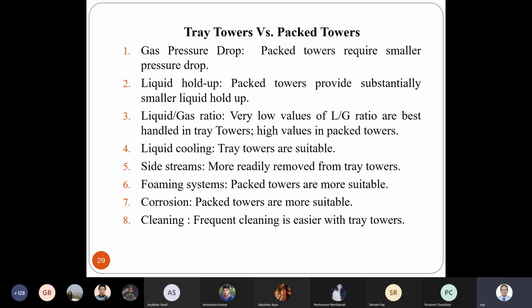So I have just mentioned these 8 points, based on which we can decide which tower will be suitable or most suitable for your mass transfer operation.